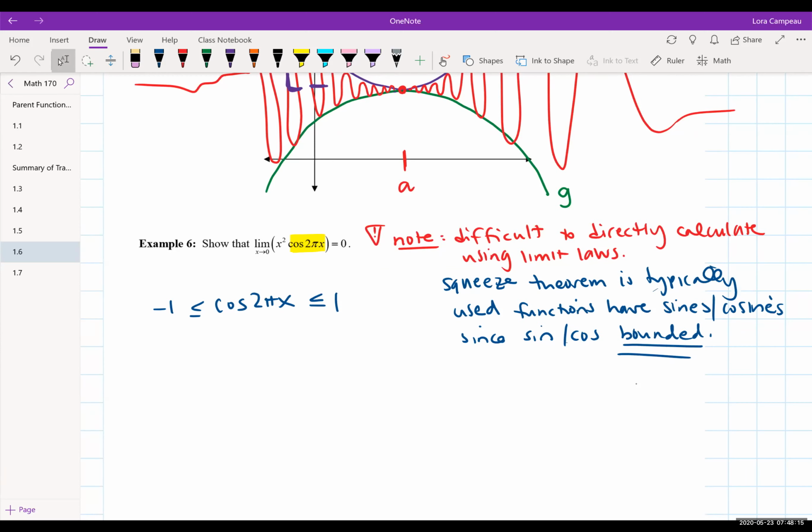What you're trying to look at is, how could I get x squared into consideration? How do I make it look like x squared times cosine 2 pi x?